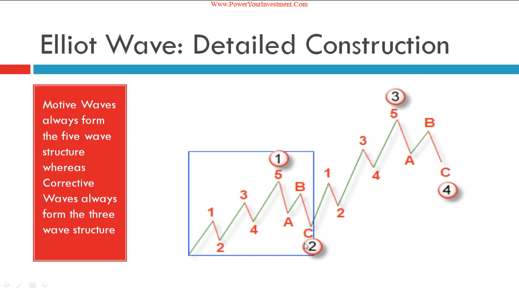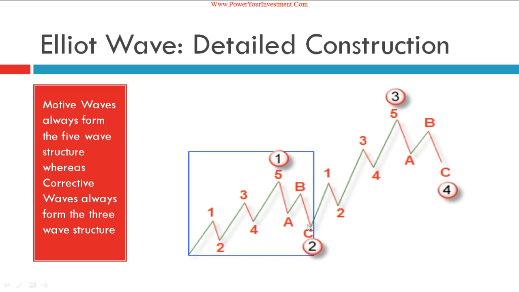One larger degree wave 2 subdivides into 3 waves of ABC because it's corrective in nature. Again, let me repeat. Anything that determines the direction of the market, or the motive wave, moves in a 5-wave structure, whereas anything that corrects a primary trend moves in a 3-wave structure.